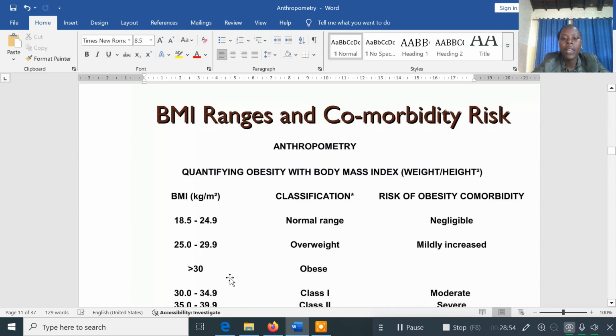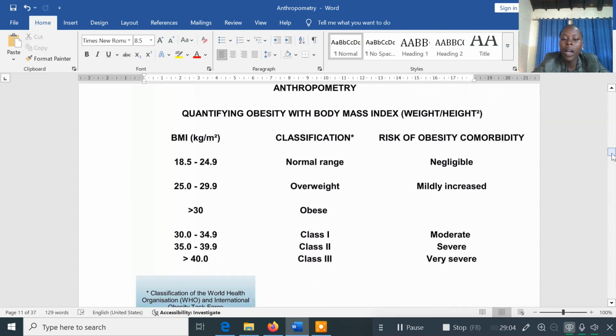If any person has a BMI above 30, that person is obese, but under obesity we have classes. If a person is between 30.0 and 34.9, that person has class 1 obesity, and that is a moderate one.